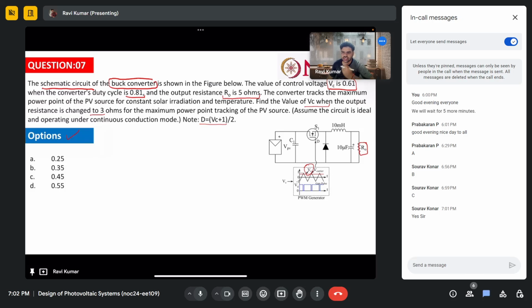First of all, just check what all the quantities are given, then check what all the relations are given, then check what we need to find out.